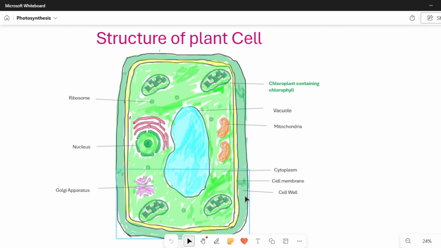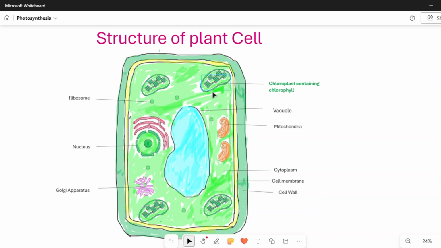Now what we are interested in is photosynthesis. So photosynthesis happens in this organelle called chloroplast. This is what contains chlorophyll. So what are these parts inside the cell? These are called organelles.